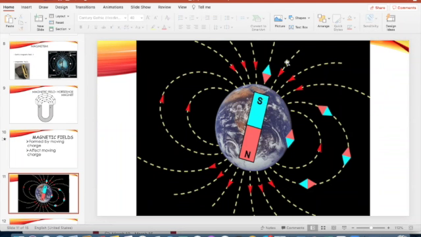You see the electric field line arrows pointing inward towards our geographic North Pole. That's negatively charged. And then the proton, which is the North Pole of the magnetic field but the South Pole geographically, pointing outward. So from positive to negative.